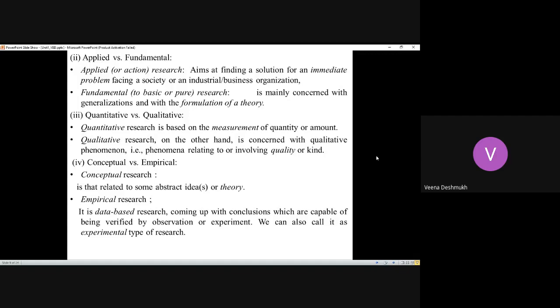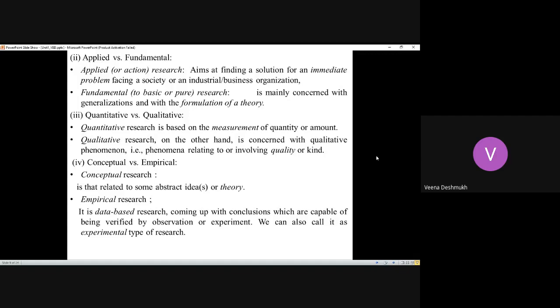The next point is conceptual versus empirical. Conceptual, as the name says, you are concentrating on the concept part, on the abstract idea part. The basic concept, say the simple area of a square is A into A. By changing A, I can change the area. So this is a concept.